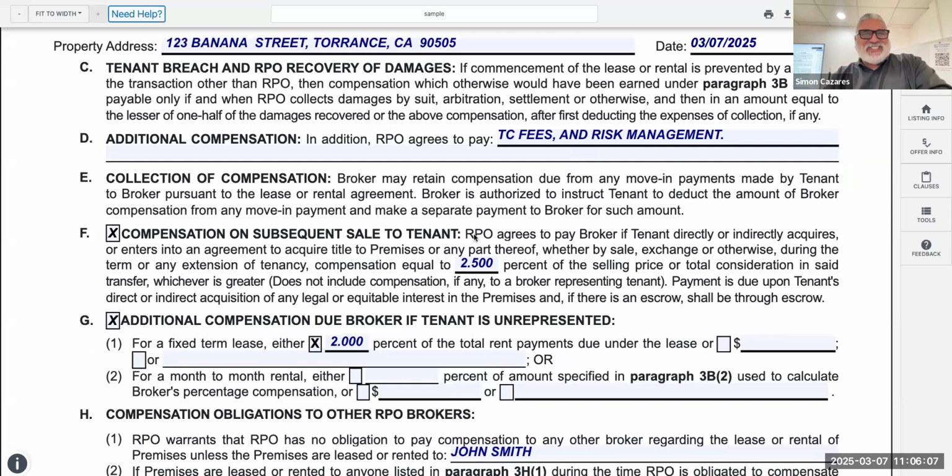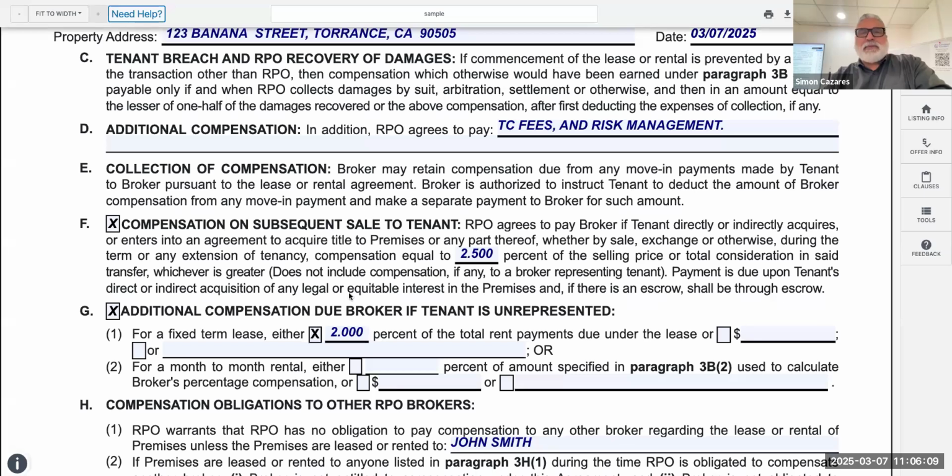All right, let's continue. So, any additional compensation in addition to what the landlord agrees to pay? You can ask the landlord, look, I incur additional costs on top of marketing your place, promoting it on the MLS, which gets syndicated to third-party sites to find a ready, willing, and able tenant, and also qualify them, because we have to go through the application process.